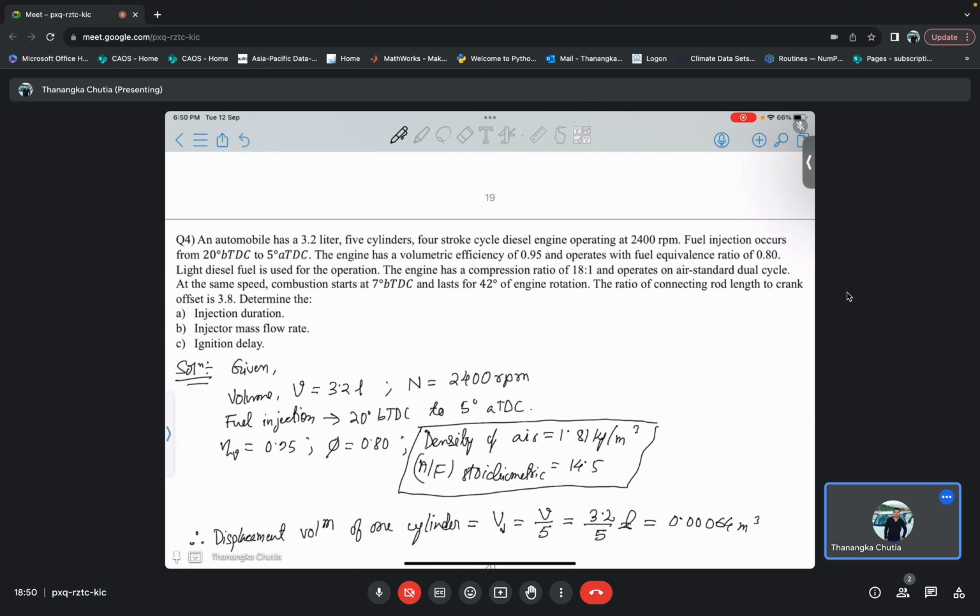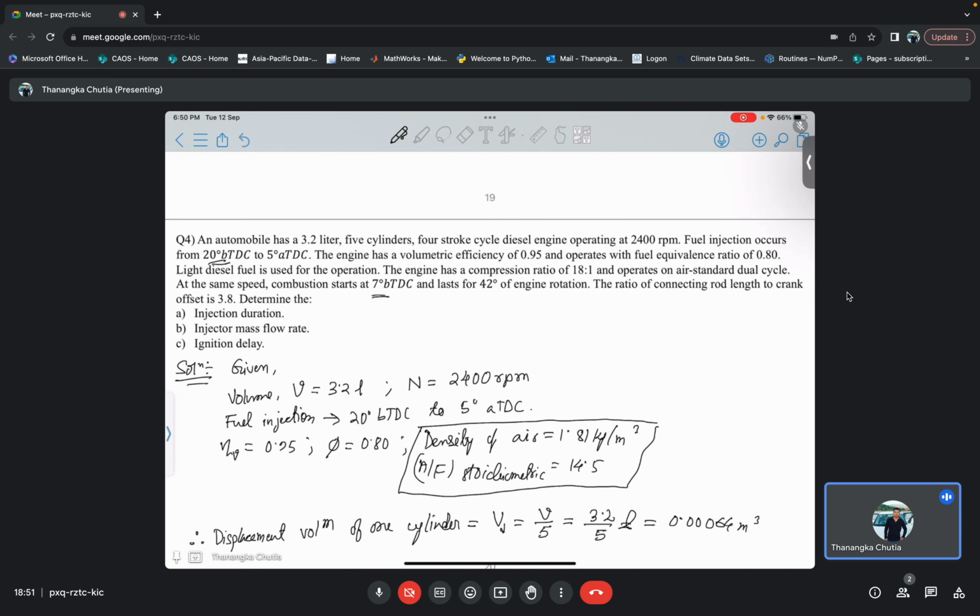Combustion starts at 7 degree before TDC, but fuel injection occurs 20 degree before TDC.